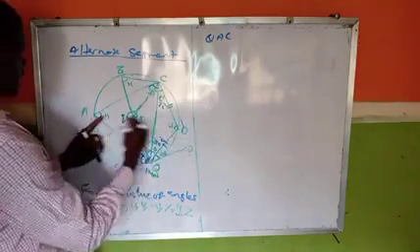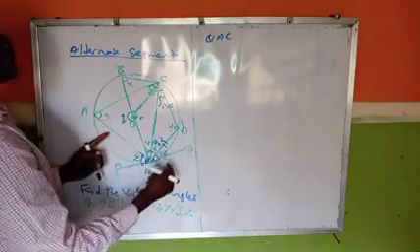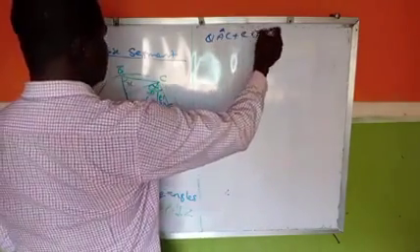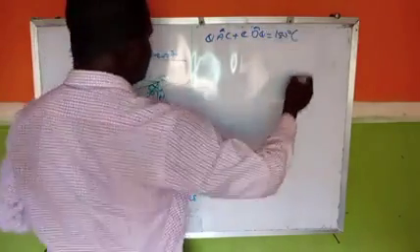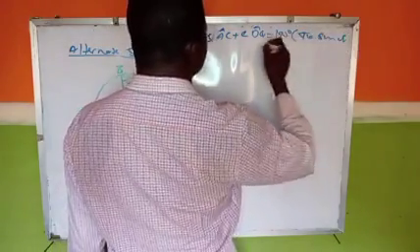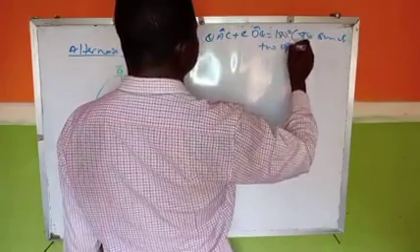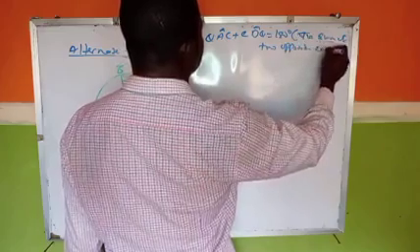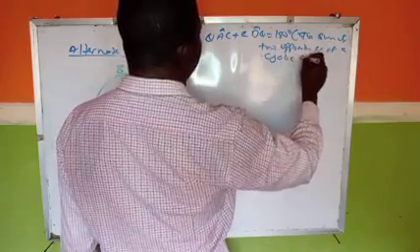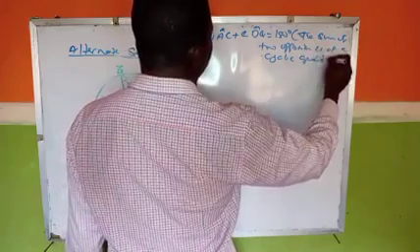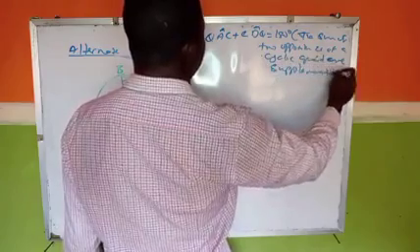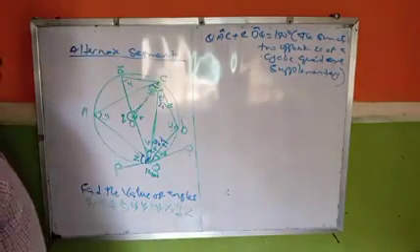The sum of two opposite angles of a cyclic quadrilateral are supplementary, so they are equal to 180.